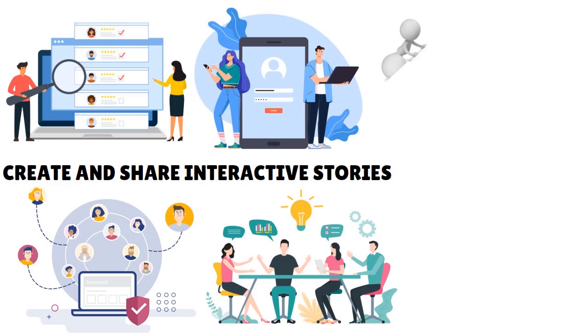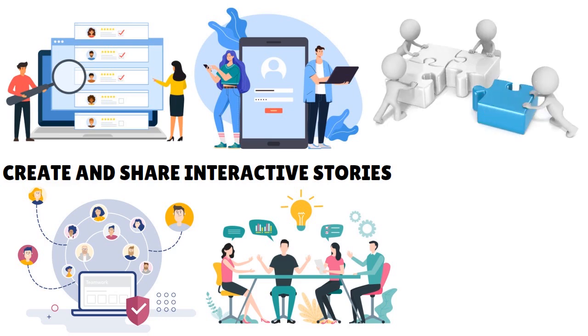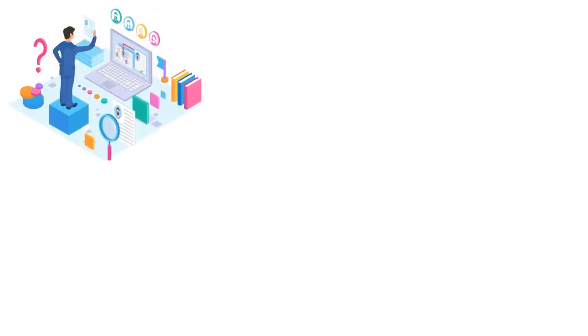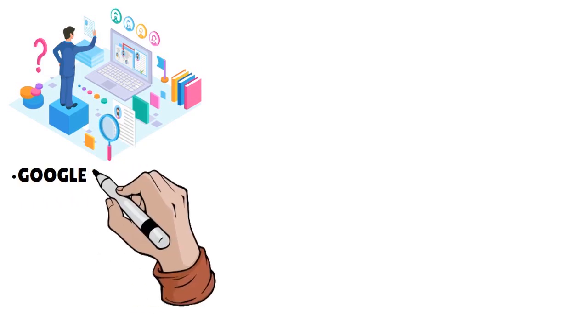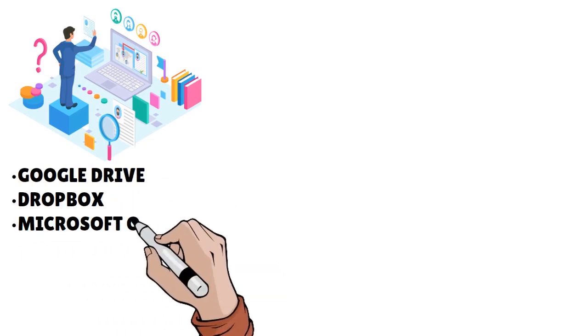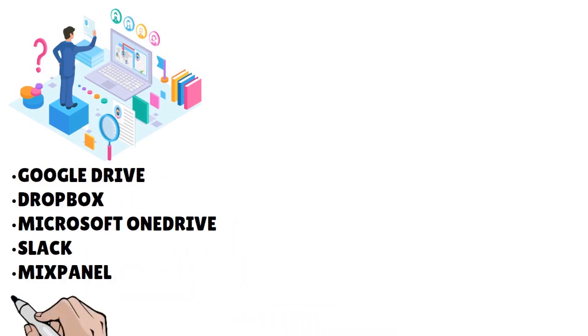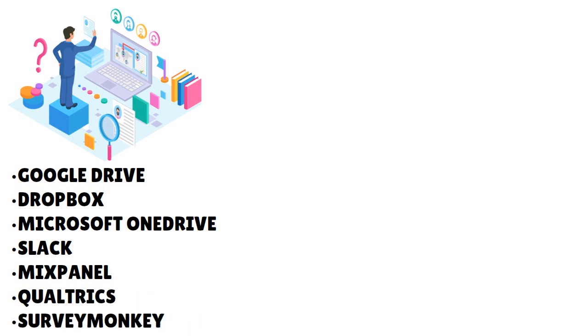So that's really cool. In terms of integrations supported, of course, I've spoken about integrations before, but I want to go a little more granular on the integrations that Storydoc business plan software supports. So you have Google Drive, Dropbox, Microsoft OneDrive, Slack, Mixpanel, Qualtrics, SurveyMonkey. Of course, this is a non-exhaustive list of the integrations, but I'm just giving you a representative sample.